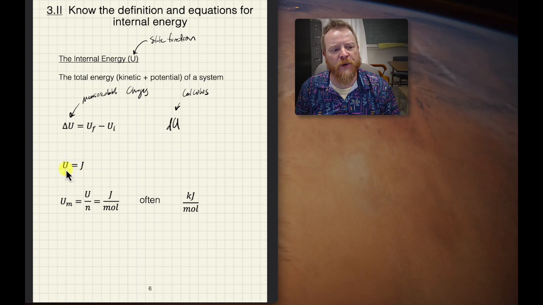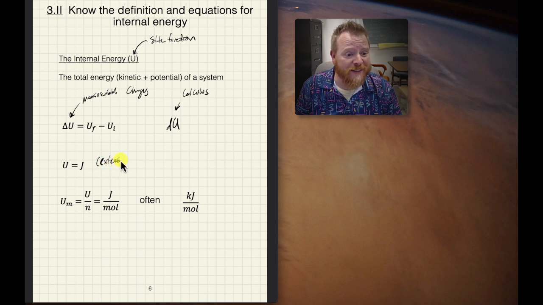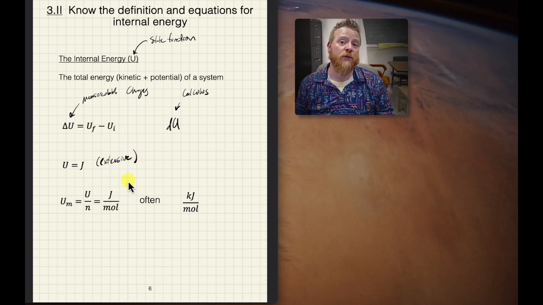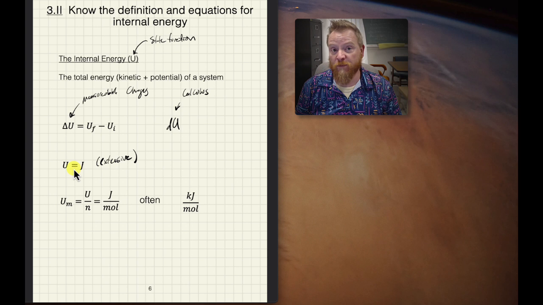So the unit for total internal energy is the joule. And expressed in this way, this is an extensive parameter. So the more that we have, the more mass, for example, that we have, the more total internal energy that we'll have.